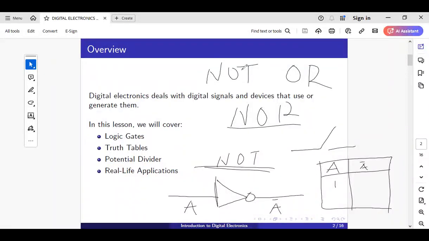The output is going to be 0, the opposite. And if the input is a 0, the output is a 1. The opposite, not so? So that's what this NOT gate does. If you operate this NOT gate on the OR, the result is NOR. And we saw how that one comes about.